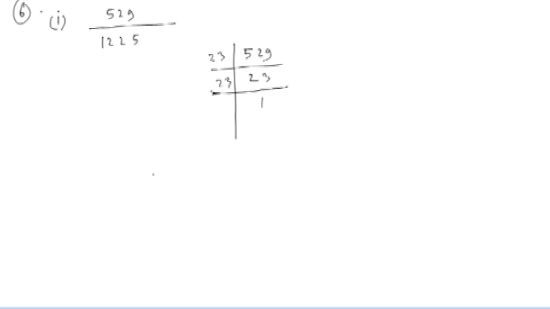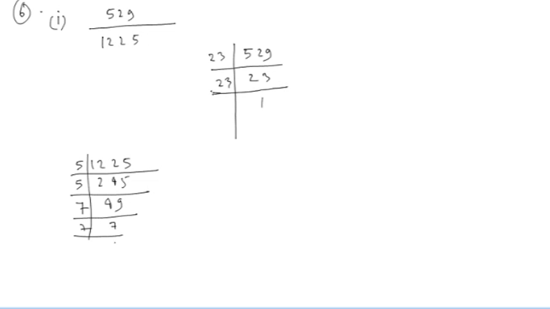And 1225, just find the prime factors of this number. And 7, means 1225 is the square of 35. And 529 is the square of 23.